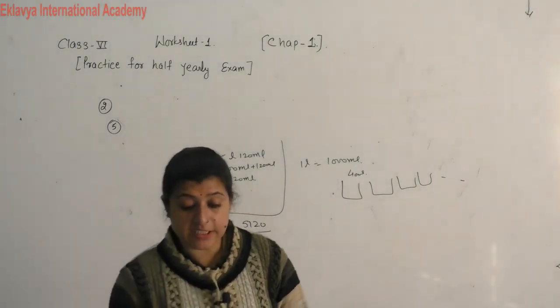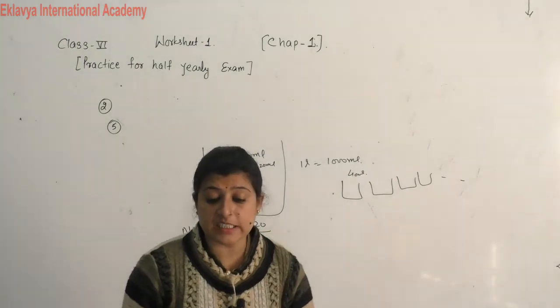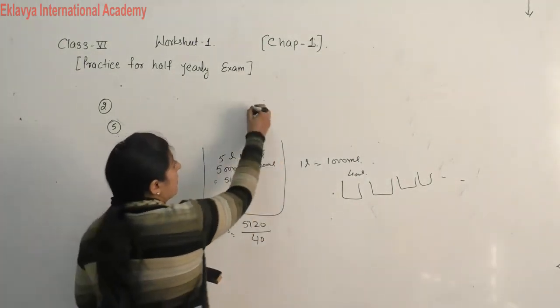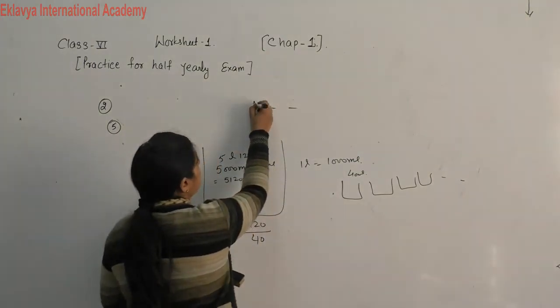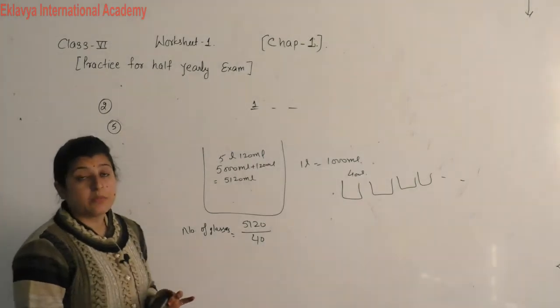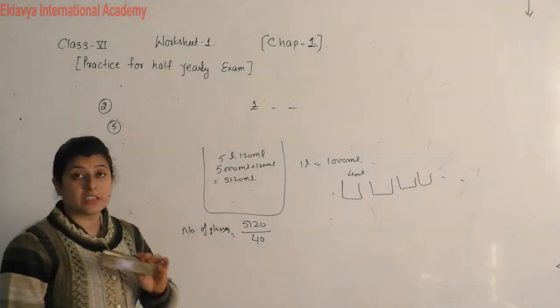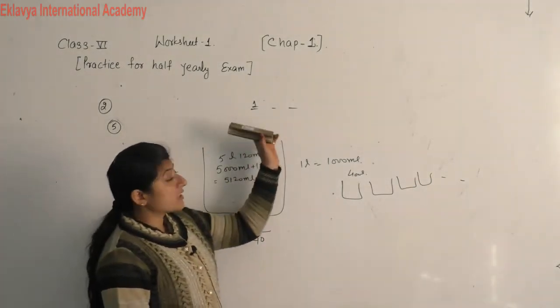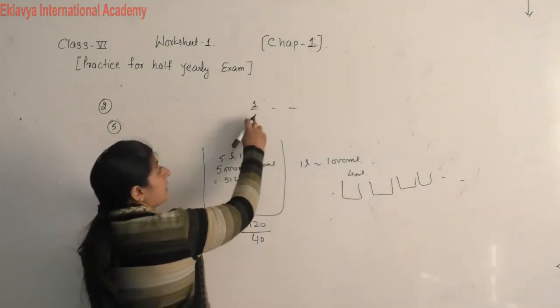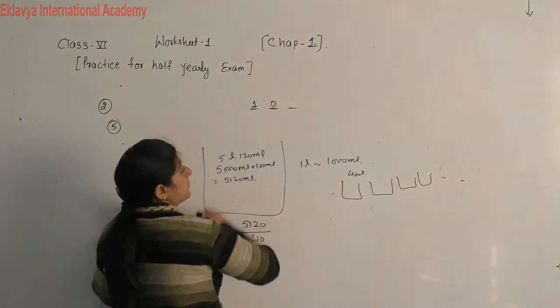Question number 16. What is the smallest 3-digit number with unique digits? Smallest 3-digit number. It is necessary that the first digit is the smallest, so we need at least 1 here. Because if I write 0, then it will not be a 3-digit number, it becomes a 2-digit or smaller number. So here 1, but here we can take 0.